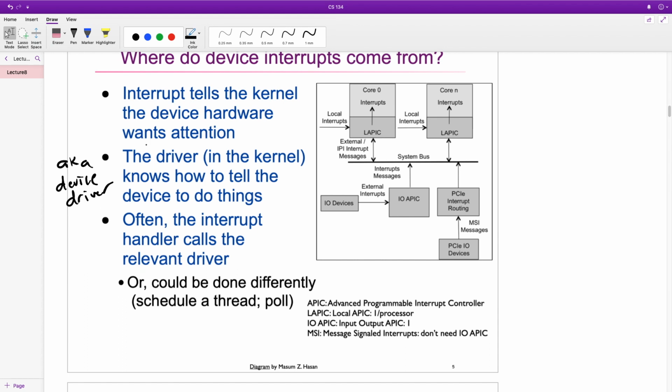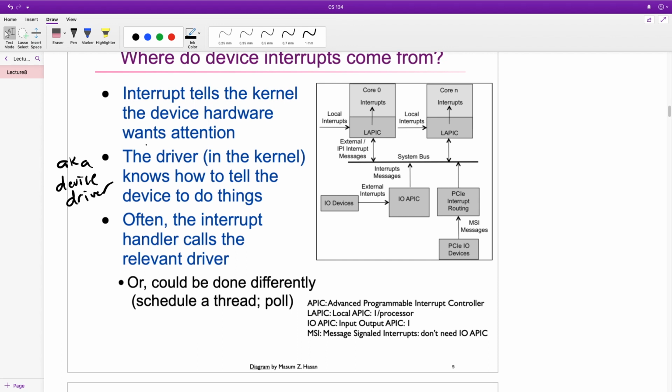Every core has one of these APICs, and it will provide an interrupt to this particular core. You can have local interrupts coming in here, like from the MMU, and that might go to that particular core, because this core was trying to write to a particular memory address. These LAPICs talk to each other over the system bus, and then there's an I/O APIC that is responsible for the I/O devices. The I/O APIC will cause an interrupt that goes through to the local APIC, and that will cause that CPU to interrupt.